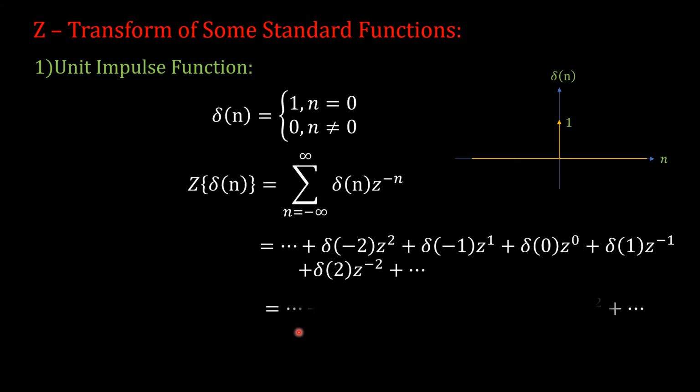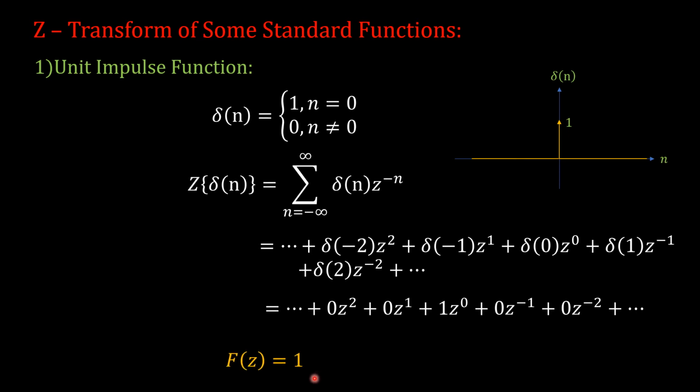Therefore we get our expression as dot dot dot plus 0 into z squared plus 0 into z raised to 1 plus 1, z raised to 0 is 1 only, plus 0 into z inverse plus 0 into z raised to minus 2 plus so on. So that will give us f of z equal to 1. This is the required Z transform of the unit impulse function delta n.